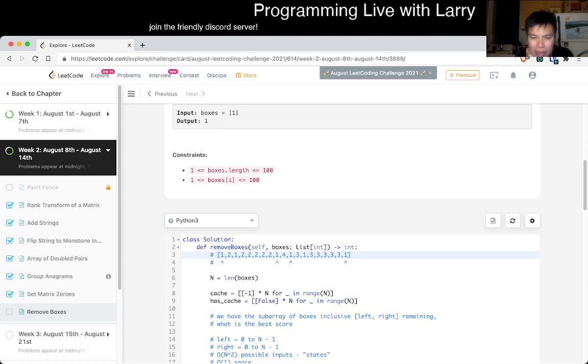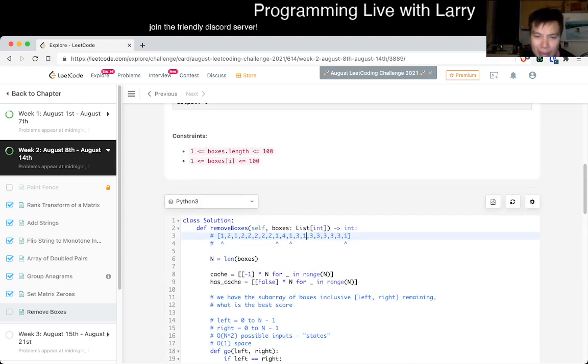Well, at least not without another state. Maybe I was too stuck on thinking about it like this. What I should do is add another state, which is the running count, then we can do it. Okay, fine. Oh man, this is such an annoying file. Okay, I got it.